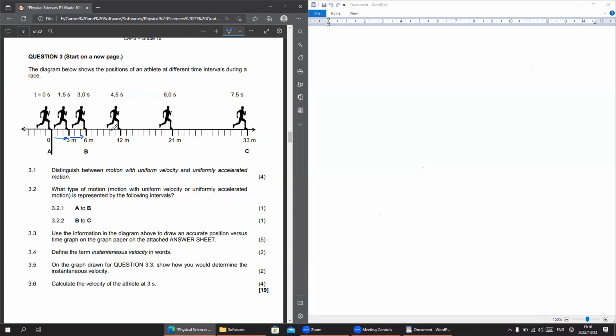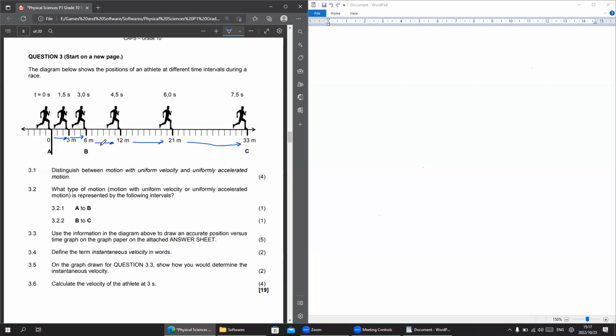So you can say that the velocity is constant. But B to C is uniform acceleration because he covered 3 meters here, and now he's covering 6. So you add 3 onto 3, it's gonna be 6 meters, and now you add another 3 onto 6, it's gonna be 9 meters, and you add another 3, it's gonna be 12 meters.